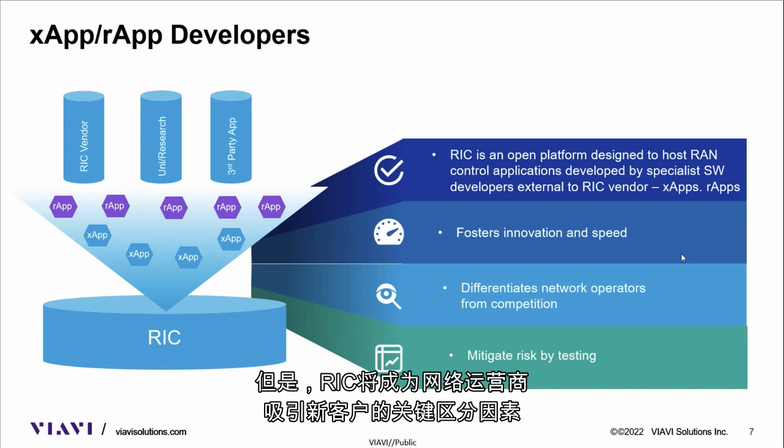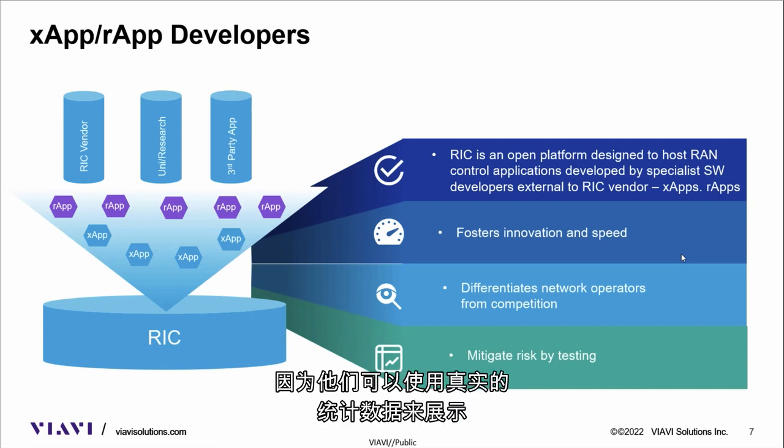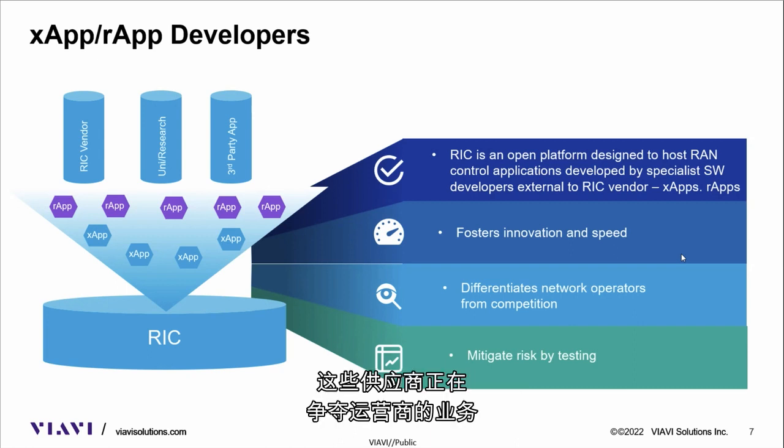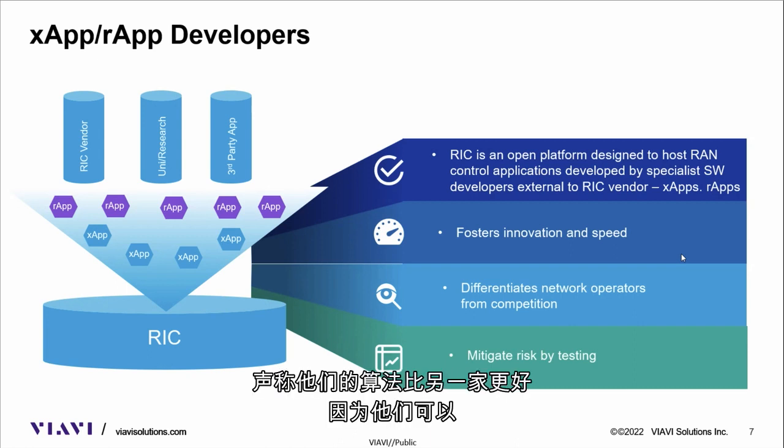But the RIC is going to become a key differentiator for network operators to attract new customers, because they can show using real statistics how their network is outperforming the competition. So I expect to see bake-offs between different XApp vendors who are vying for operator business, claiming that their algorithms are better than the other by showing that they can make a percentage improvement in a network KPI.